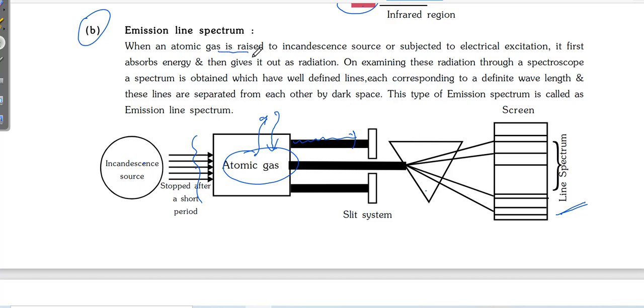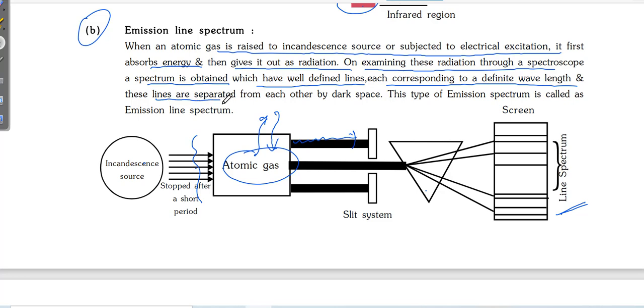When an atomic gas is raised to an incandescent source or subjected to electrical excitation, it first absorbs energy, then gives it out as radiation. Examining this radiation through a spectroscope, a spectrum is obtained which has well-defined lines, each corresponding to a definite wavelength, and these lines are separated from each other by dark space.